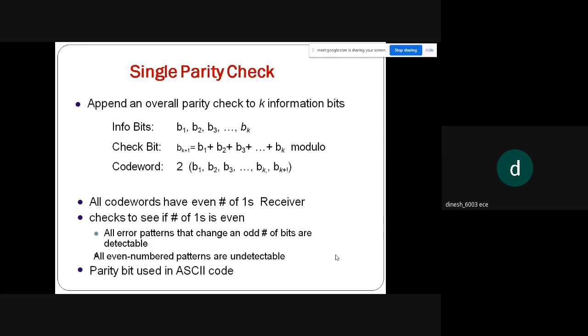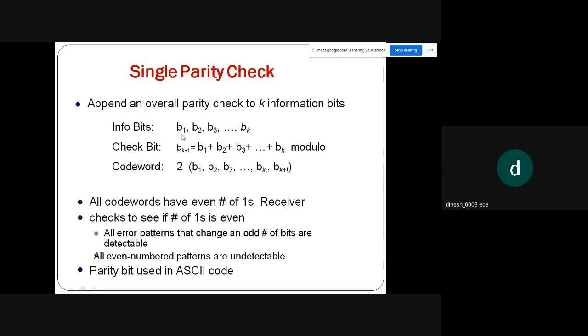If the number of ones in the sequence of data for a particular symbol or range is odd, we call it odd parity. If the number of ones present in the sequence is an even number, we call it even parity. So based on that, we can determine the check bits.